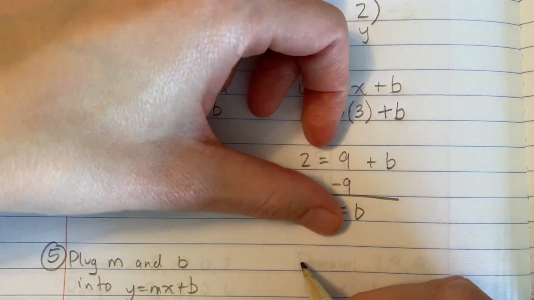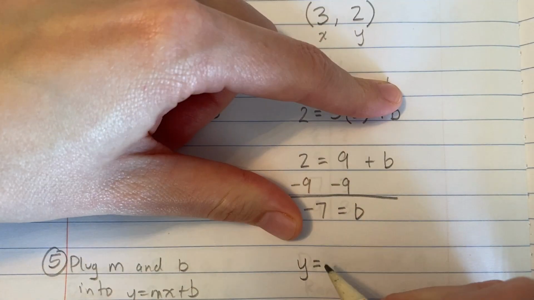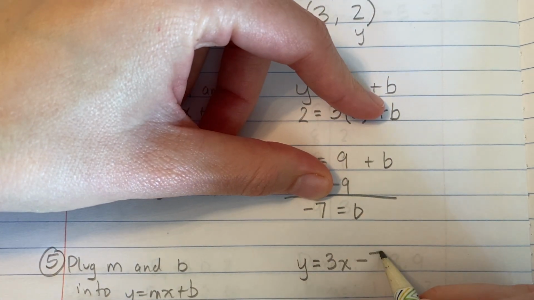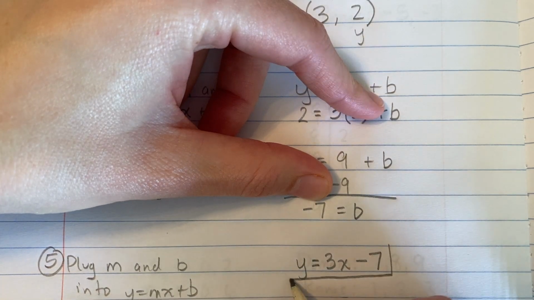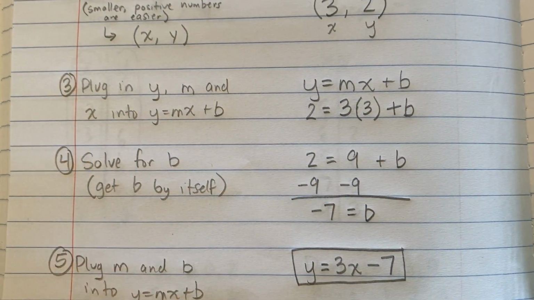And I'm going to have my equation. Look, so y equals, in this case, my m is 3. It's right here. mx. Now my b is negative 7, minus 7. And this is my answer. That's my answer. Okay?